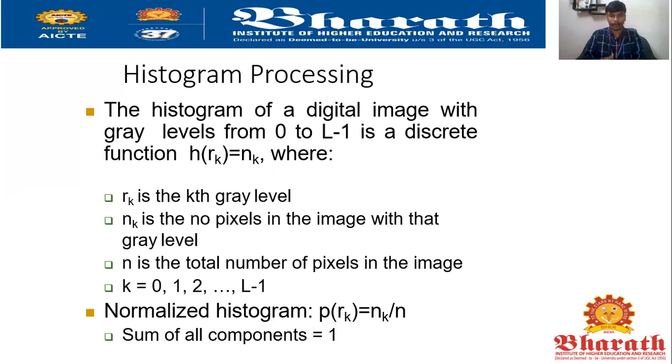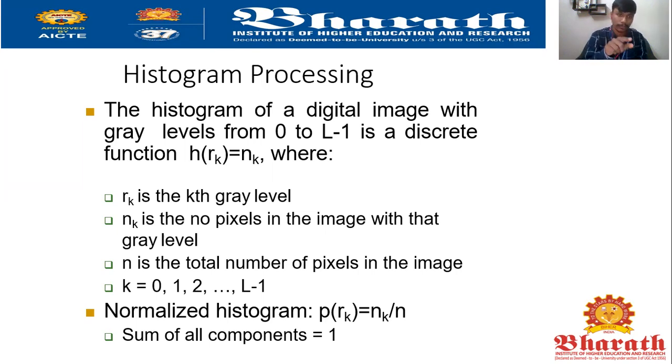Again, P will be for processing the image with a normalized histogram, and the previous one was the histogram, and this one is the normalized histogram. r k will be the same: the gray level of that image, which has multiple gray level values plotted according to the rows and columns of the digital image. n k will be the number of pixels in the digital image, calculated from the number of rows and columns combined to form the digital image, and it will be divided by n, which is the total number of pixels.